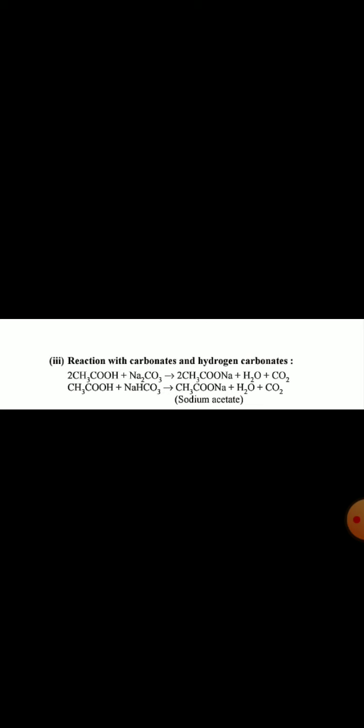Now remember these two examples which we have used for carbonates and hydrogen carbonates. For carbonates we have taken sodium carbonate. Remember the formula Na2CO3, that is sodium carbonate. Also it says to take hydrogen carbonates. So which hydrogen carbonate have we taken? NaHCO3, a hydrogen carbonate, which means in the formula H will also be there. So what is the formula?